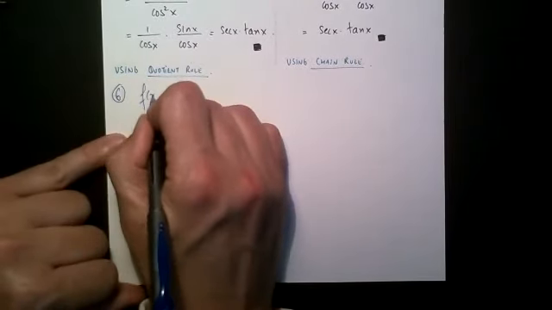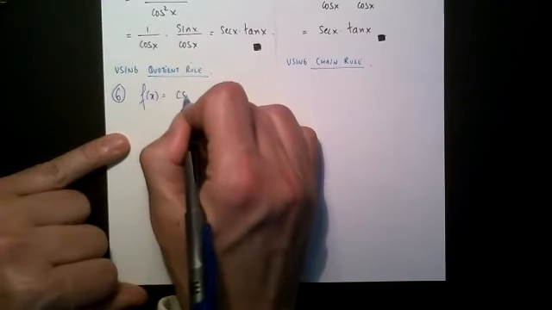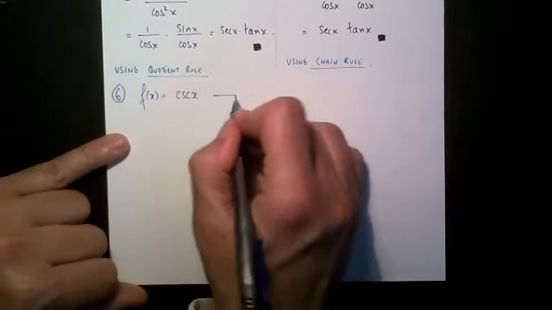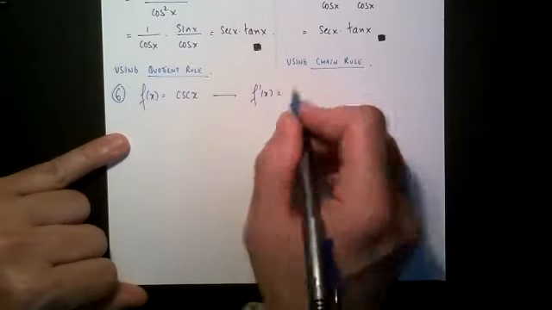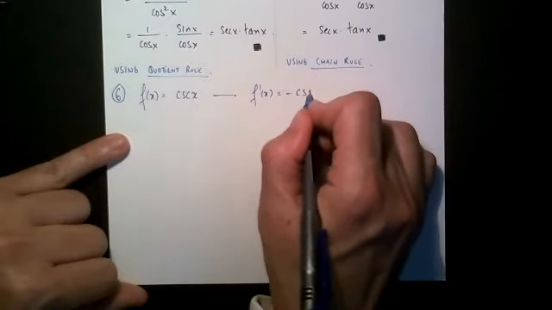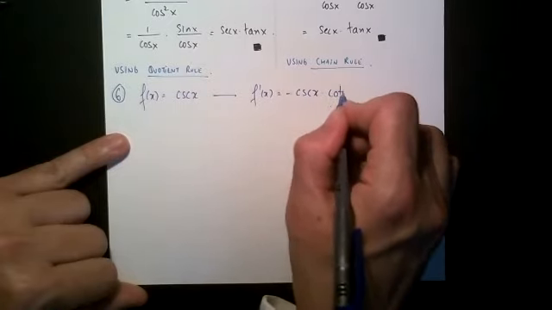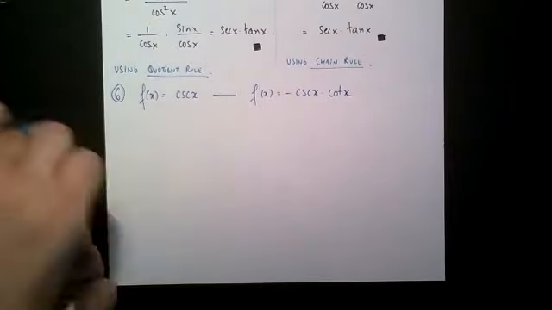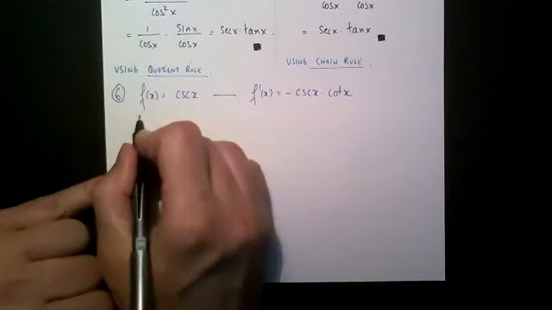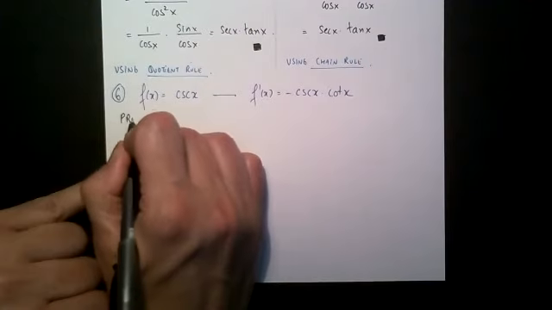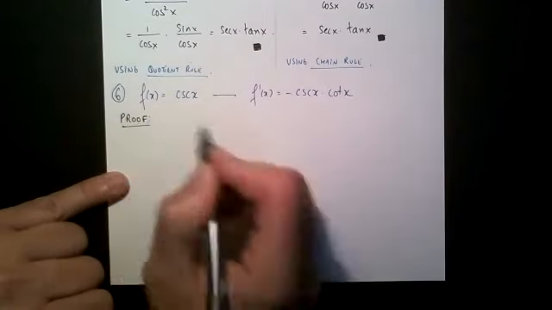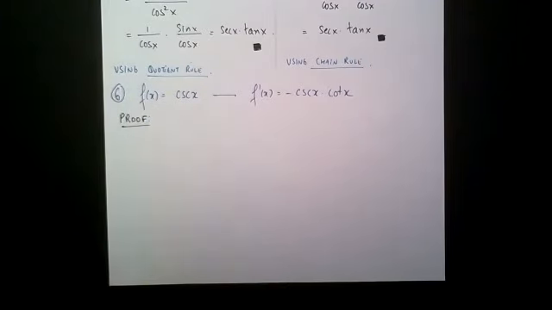So f of x is equal to the cosecant of x. Then f prime of x will be negative cosecant x cotangent x. Okay, proof. So I'm going to do one of the proofs.